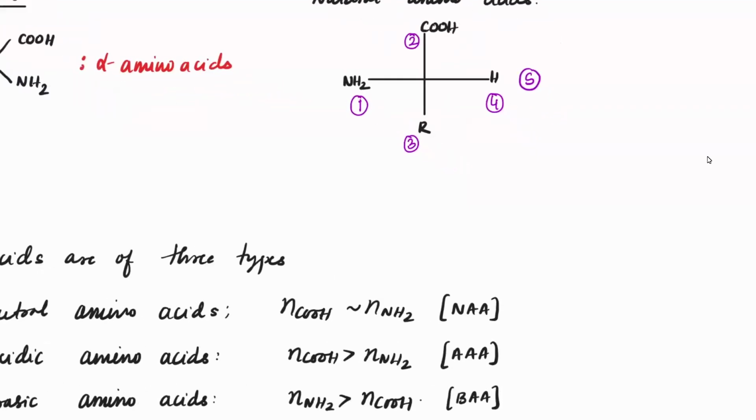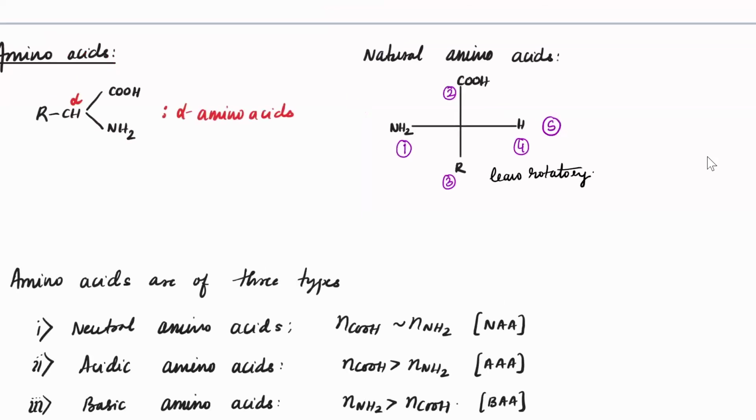For a single chiral center here, most of the alpha amino acids are only S configured, and they will be levorotatory. So most of the naturally occurring amino acids are levorotatory.